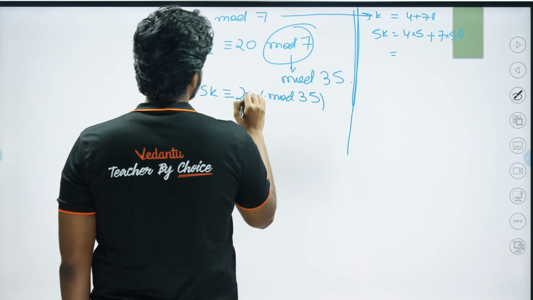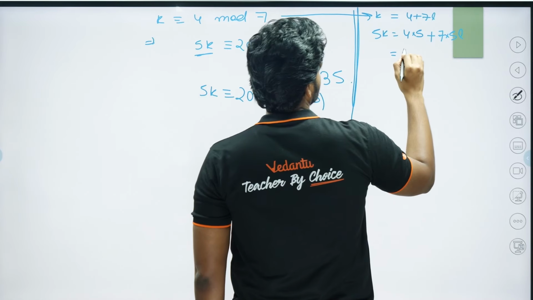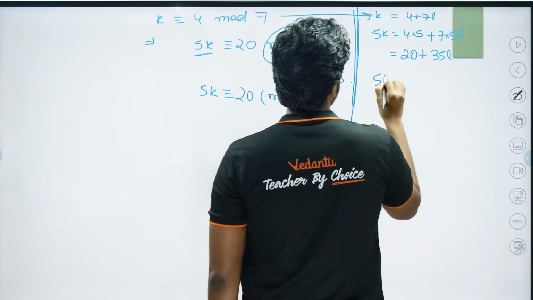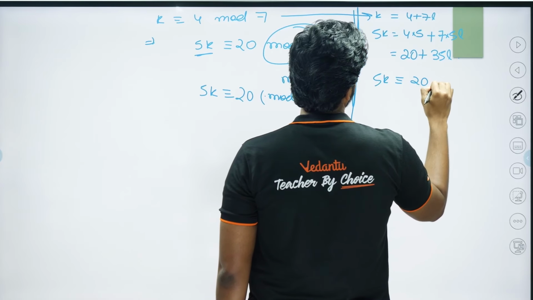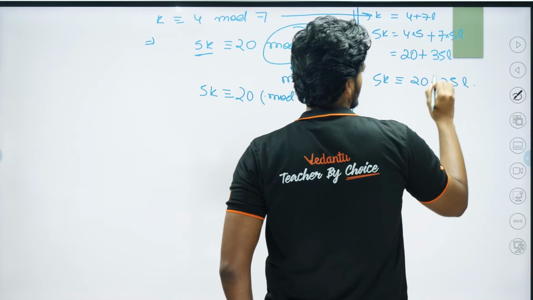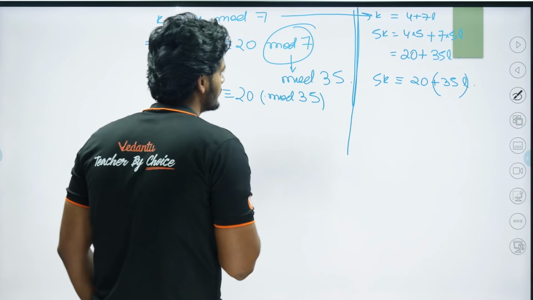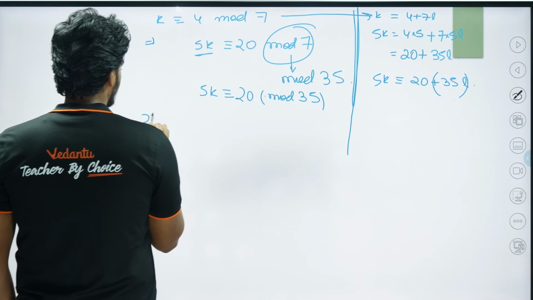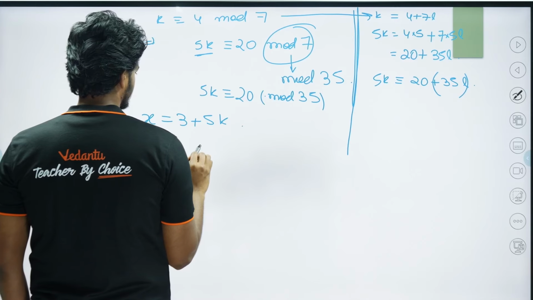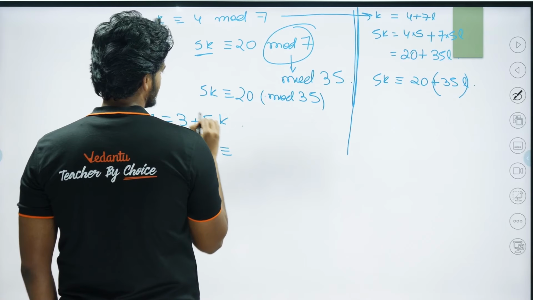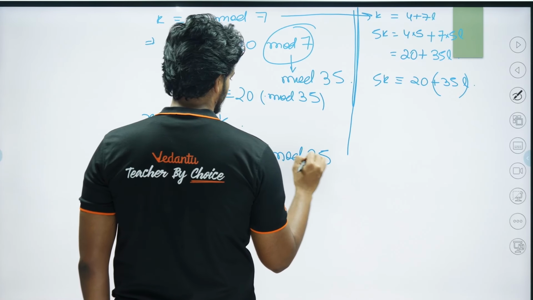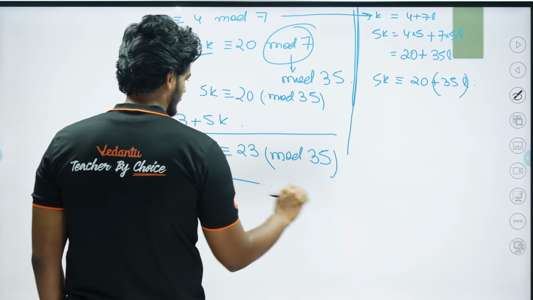It is 20 mod 7, but it is also 20 mod 35. So I can say 5k is congruent to 20 mod 35, right? And my x was 3 plus 5k, right? That implies x is congruent to 3 plus this, 23 mod 35, right?